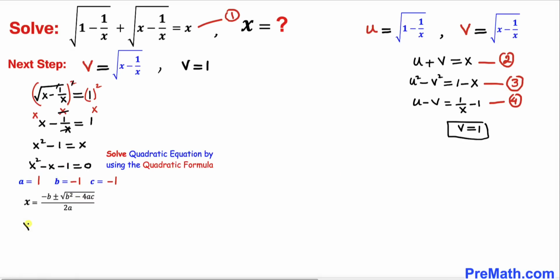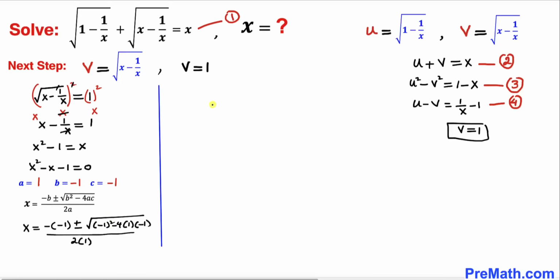So x equals minus b, which is negative 1, plus or minus square root of negative 1 square minus 4 times a is 1, c is negative 1, all over 2 times 1.